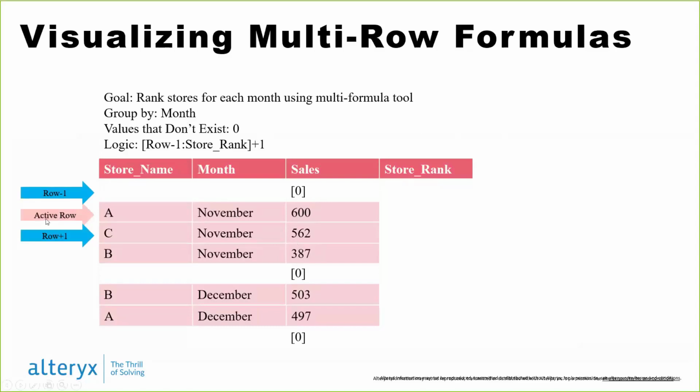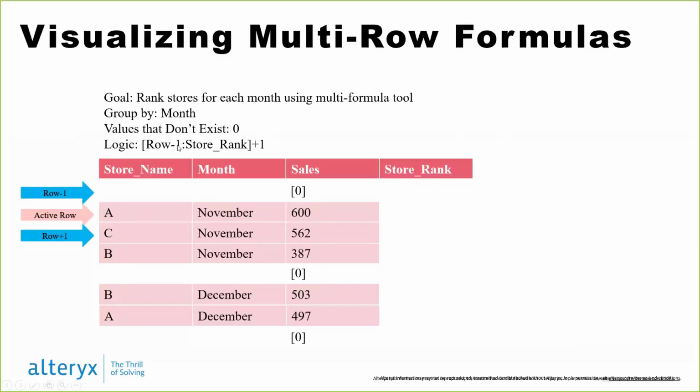So let's take row A. The important thing to know about Designer is it always processes rows top down, especially in this particular tool. It's going to do the first row, then the second row, then the third row. It processes them ordinally. So the first row it looks at is row A, and it needs to apply some sort of rank to it.